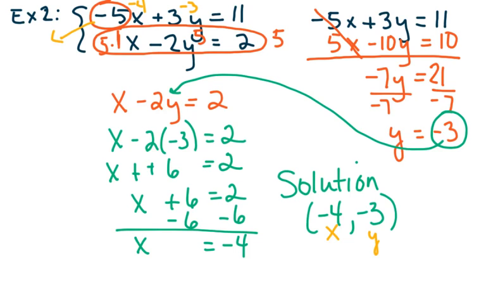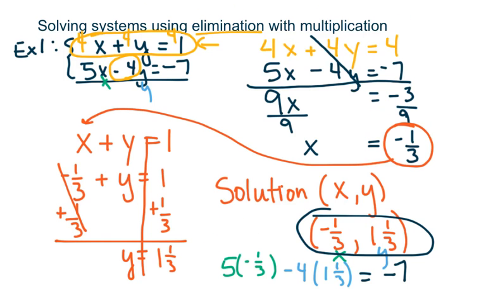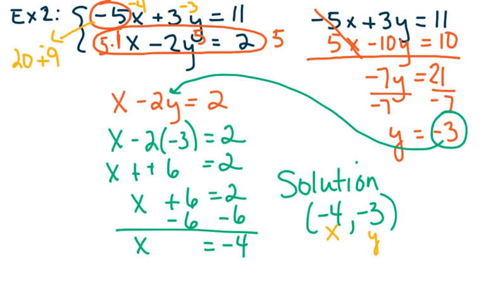So the result will be 20, negative 5 times negative 4, plus 9, 3 times negative 3. I'm sorry, negative 3 is negative 9. So 20 plus negative 9, does that equal 11? Yes, it does. So that means that it did check, so the solution is correct. Let's try a third example.